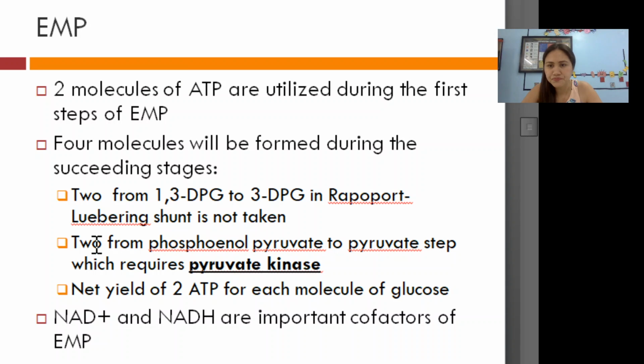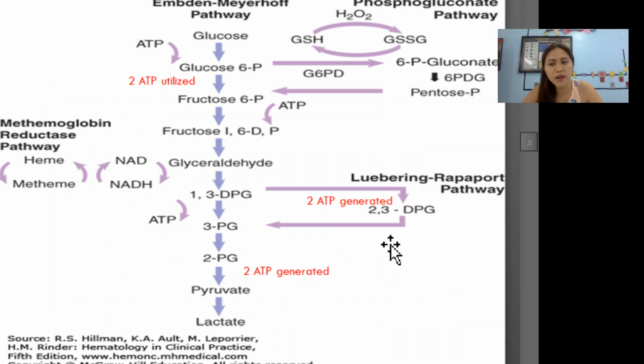another 2 will be formed from phosphoenolpyruvate to pyruvate in this part here. Okay. So, naay pyruvate kinase dire, the enzyme that will help this one to be converted into pyruvate. Okay. So, without that enzyme called pyruvate kinase, dili pud ka generate og another 2 ATP.